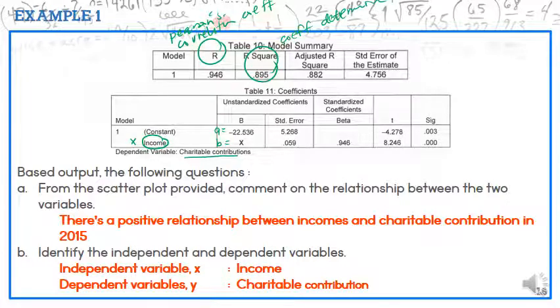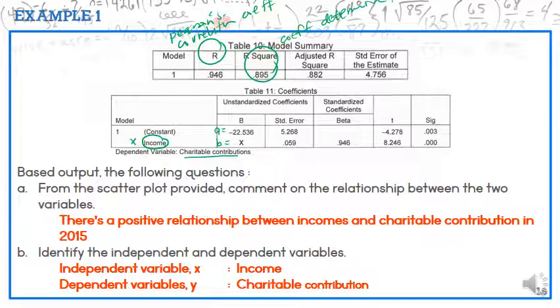So, based on the output, the following questions are from the scatter plot. Comment on the relationship between the two variables. So, simply look at the scatter diagram and conclude apa yang you dapat lihat. So, from the scatter plot before, kita nampak yang as x increases, y tends to increase. So, you can conclude that there exists a positive linear relationship between incomes and charitable contribution in 2015.